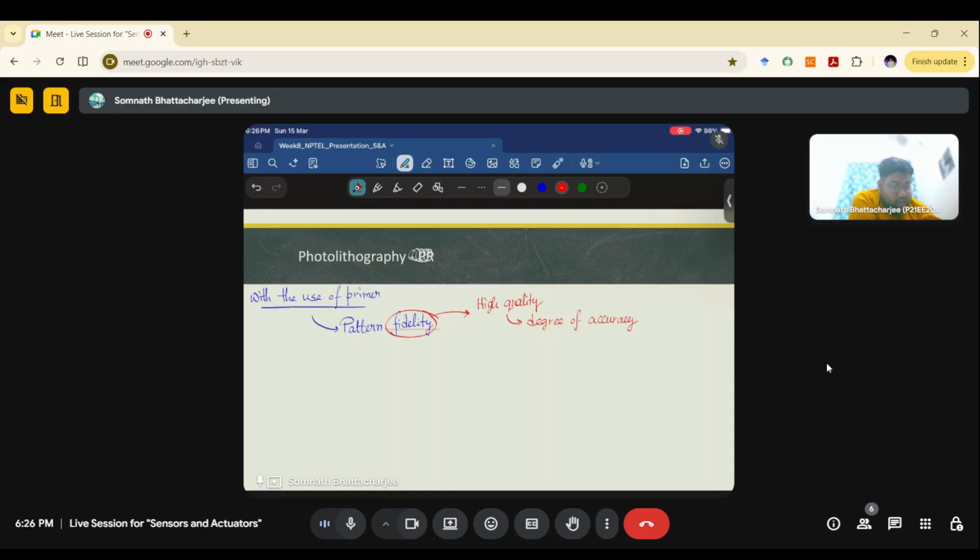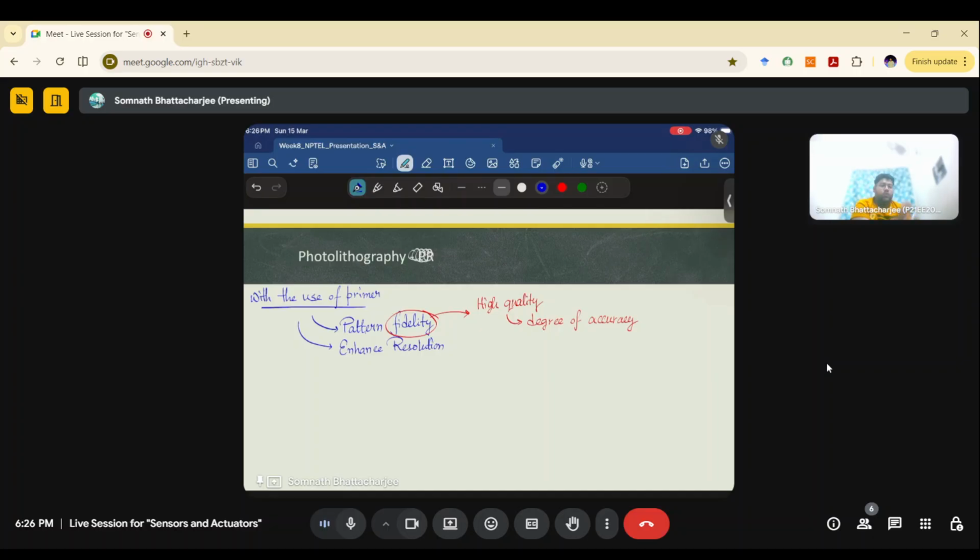Apart from that, it will also enhance resolution. Both of them are kind of connected, but enhancing resolution means you can now have a very good pattern, a very small size pattern with very good resolution.